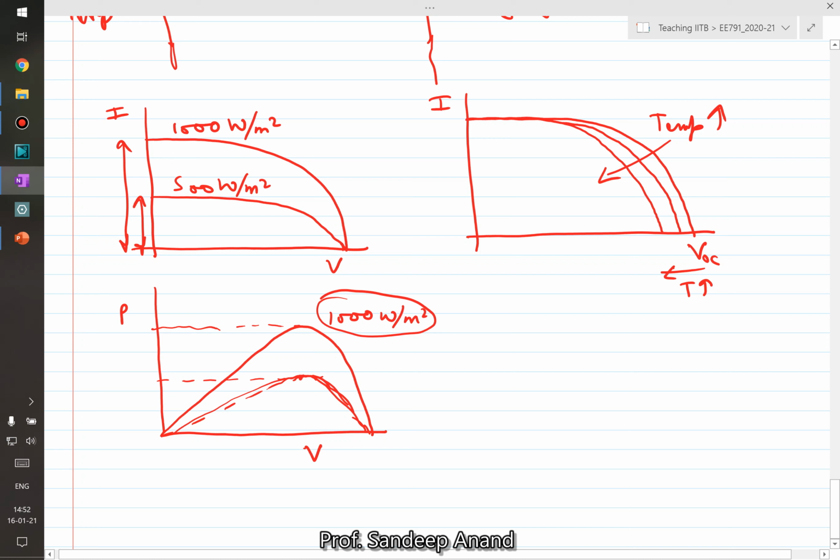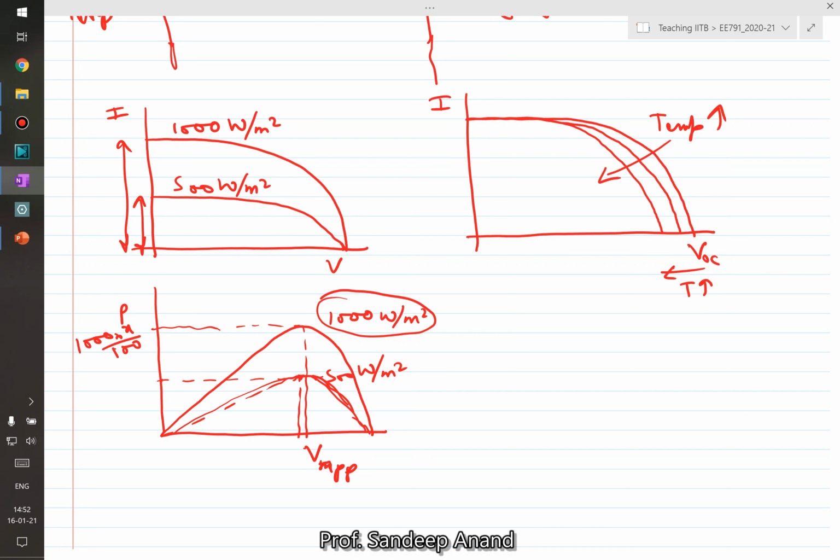Let's say the panel has an efficiency X, so the output you get is 1000 watt per meter square into X upon 100. Here radiation becomes 500 watt per meter square and the efficiency is X, so your output power also reduces almost by half. The MPP voltage does not change much. The MPP current certainly changes, but the MPP voltage does not.